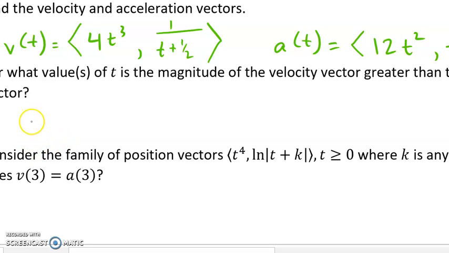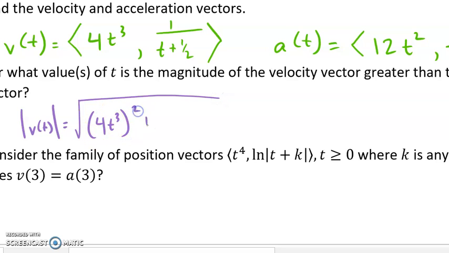The magnitude of the velocity, aka the speed, is the square root of (4t cubed) squared plus (1 over t plus 1/2) squared.